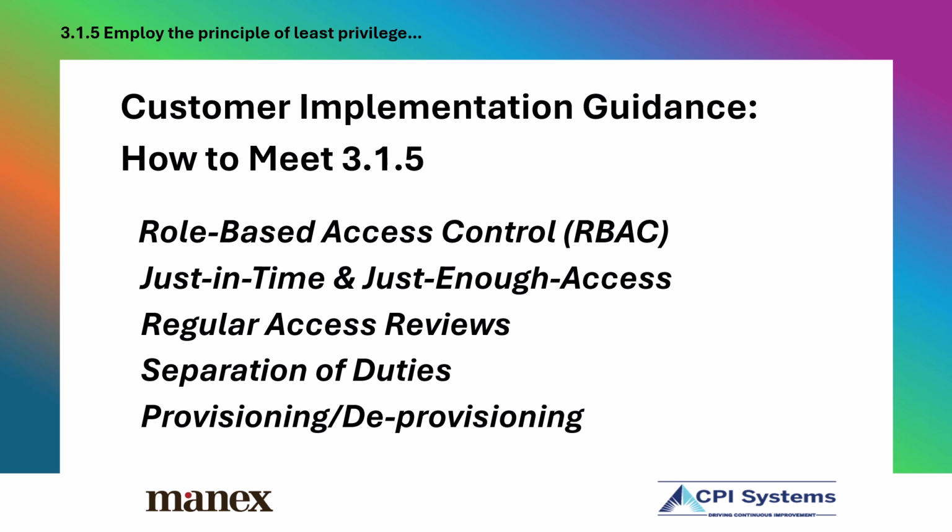Just-in-time and just enough access. Use Azure AD or Entra ID and privileged identity management for elevated access with time limits. Remember to remove any global admin access unless it's absolutely required.